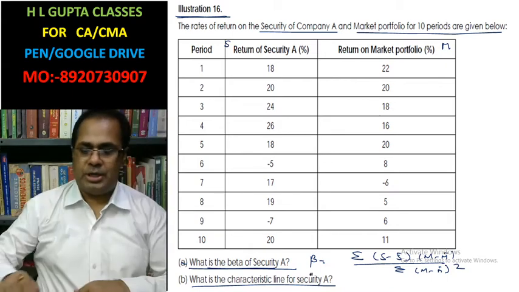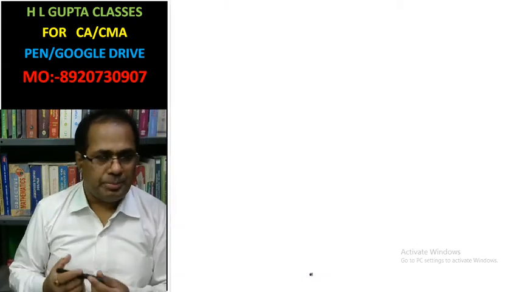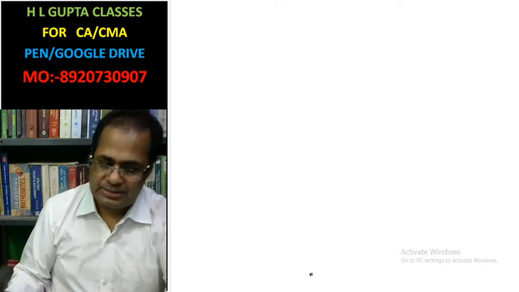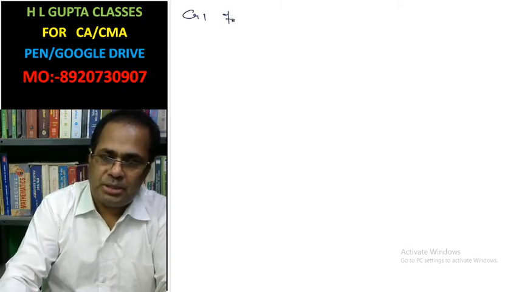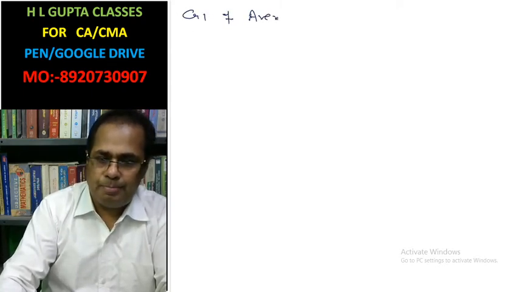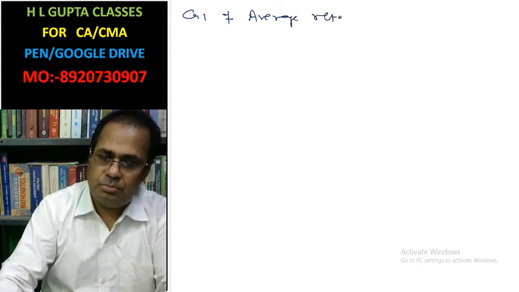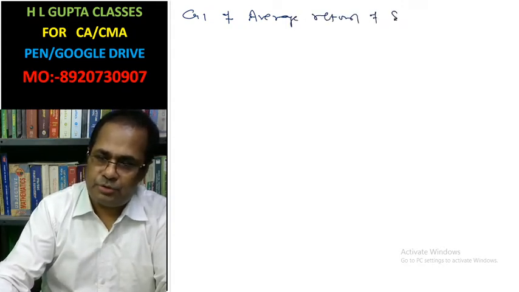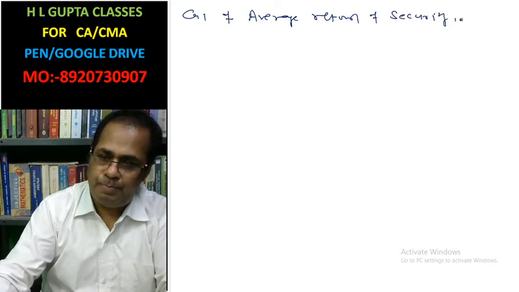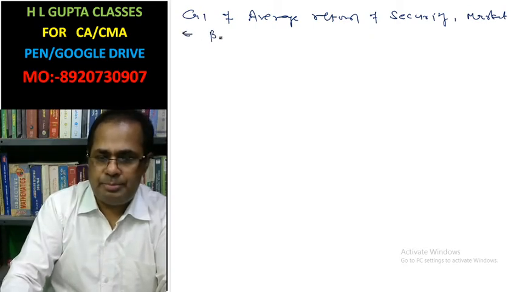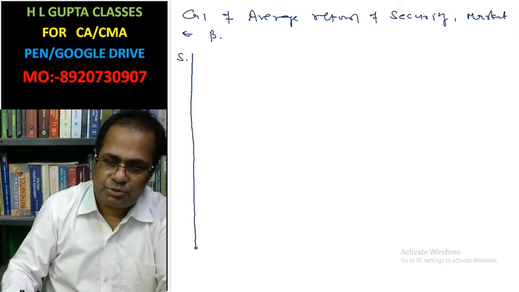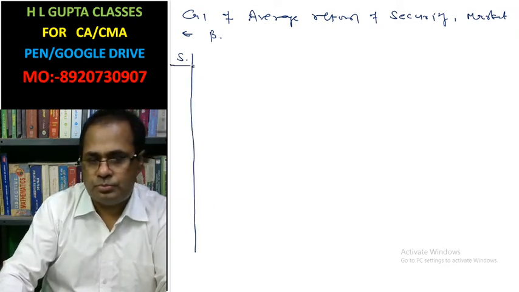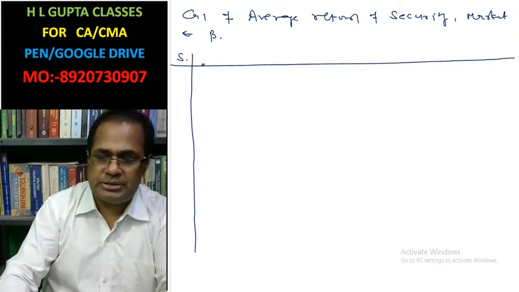Okay, now let's calculate the beta in this case. Here, calculation of average return of security, market and beta. This is your SI. SI represents security. This is your MI.